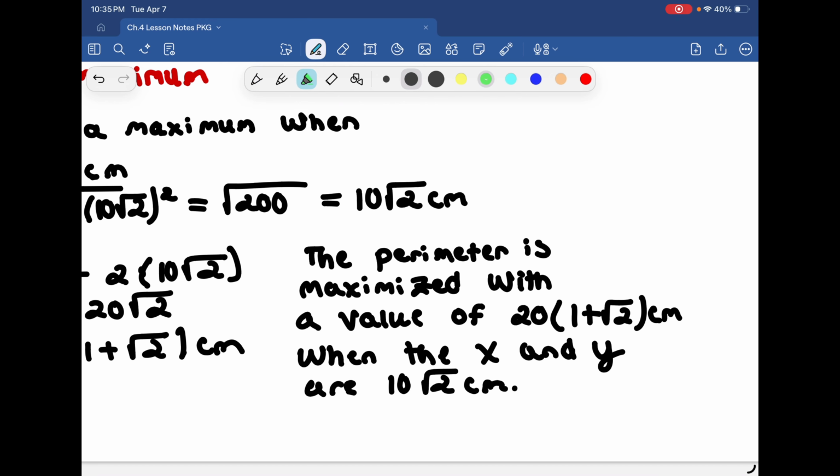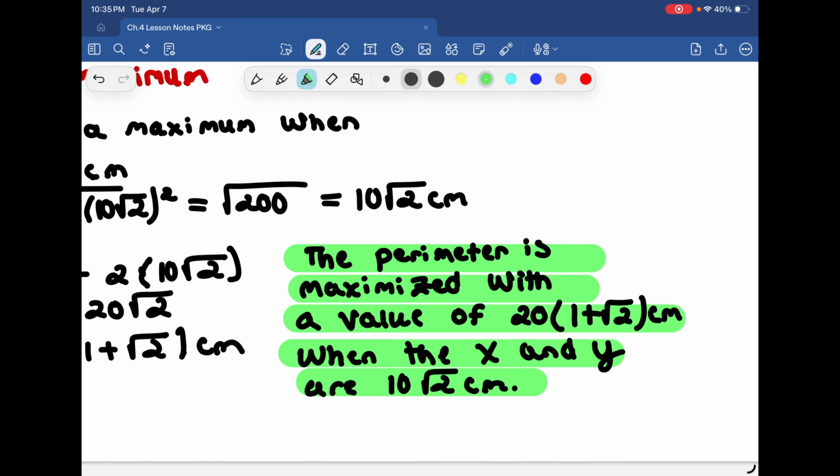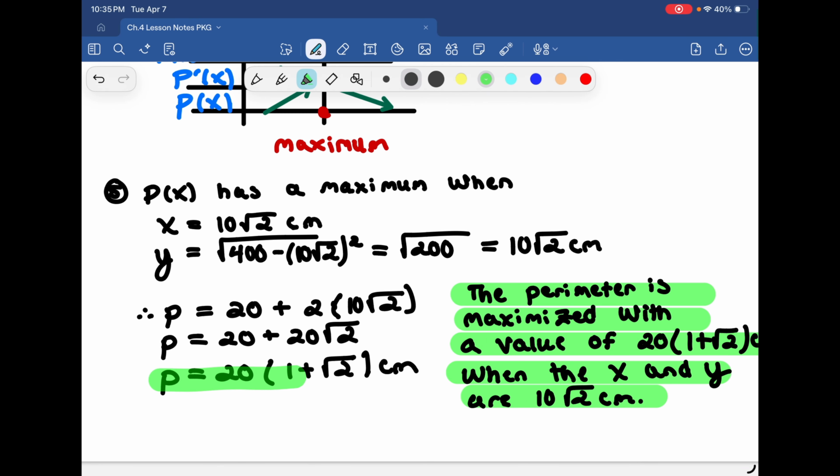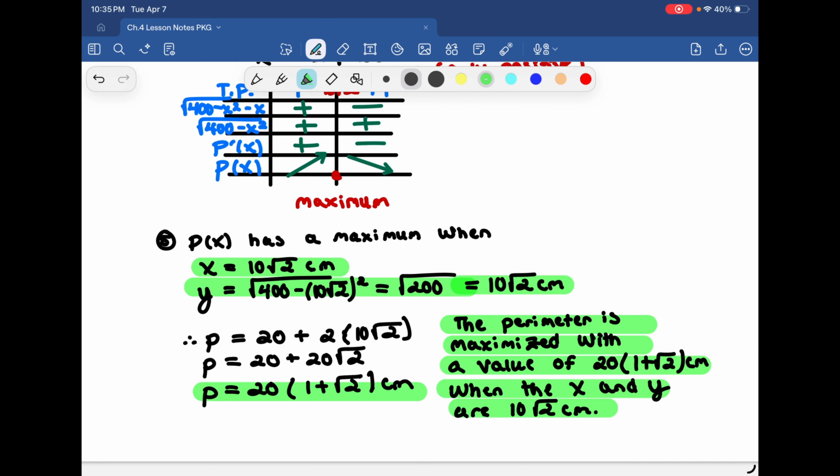Perfect. There we go. And you can highlight this answer all together, basically indicating that we have all the values we need. And I'm going to make sure I highlight my perimeter, I'm going to highlight my x, and I'm going to highlight the y here just to make sure we have it all together.